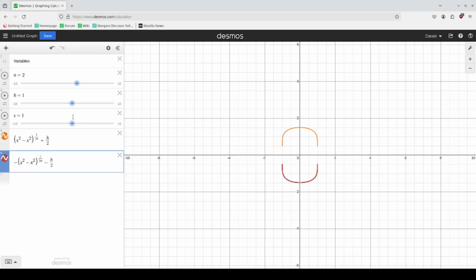So this gap is actually 1 unit in total. Now you can drag this out. Also make this bigger, so you can already start playing with the sliders.